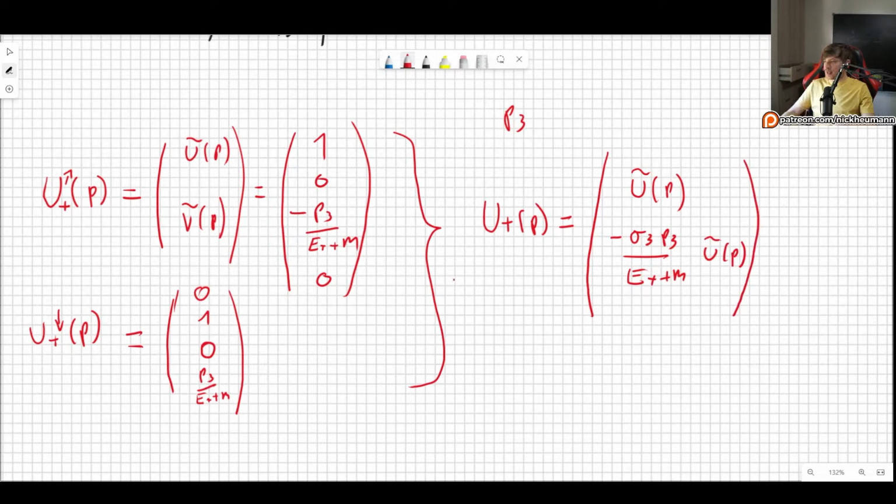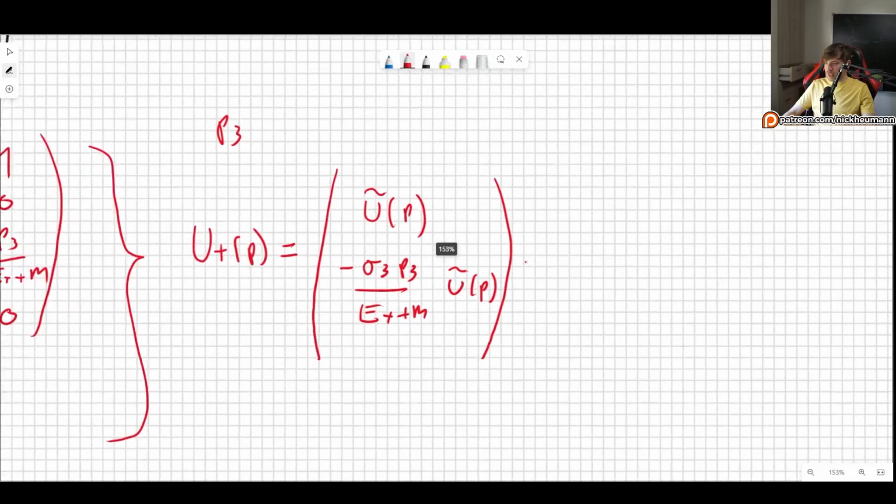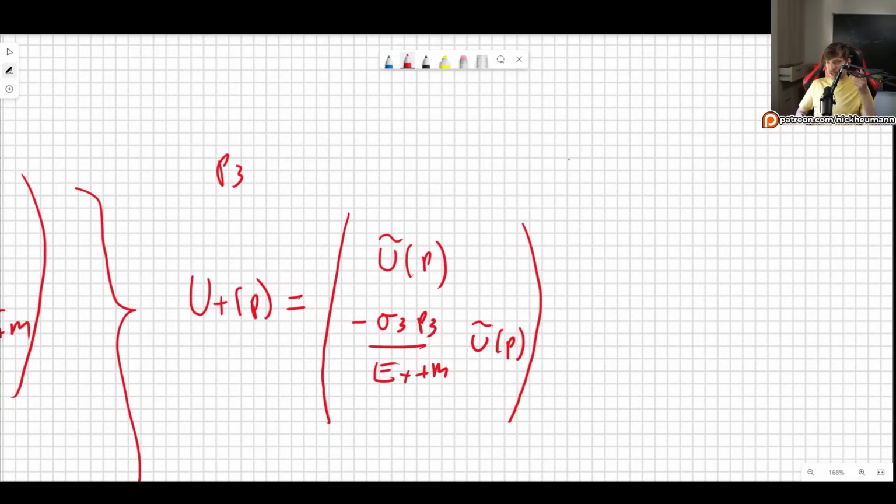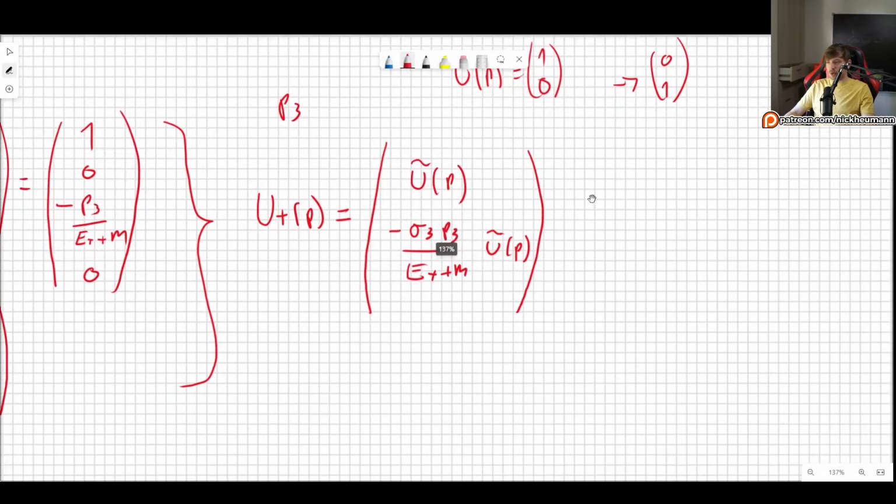All right, so here we can see that we have implicitly the up and down cases. So if we are in the up case, then we take u of p to be 1, 0. But if we are in the down case, then we take it to be 0, 1, and we will get to the same results that we previously had. So this is the same, but more compactly.